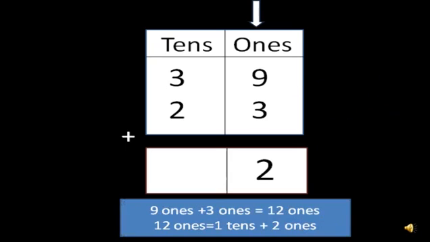We cannot write 12 under one's column. We write one's number of the 12 under ones and carry the tens number of the 12 to the top of the tens column.